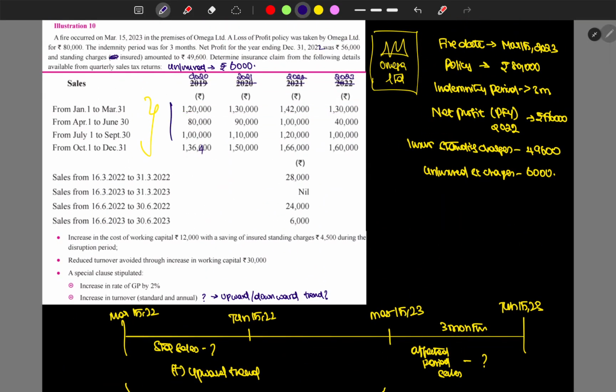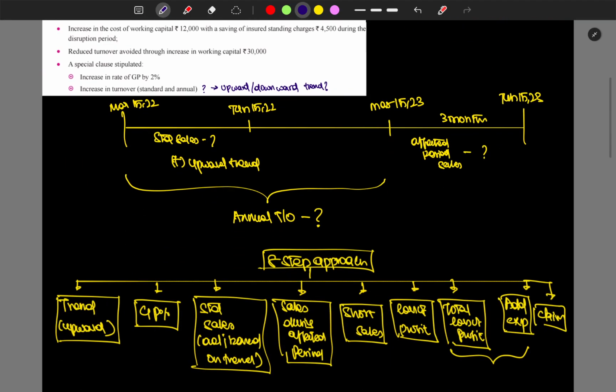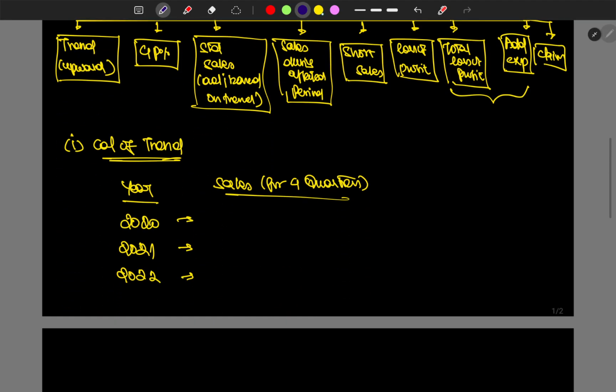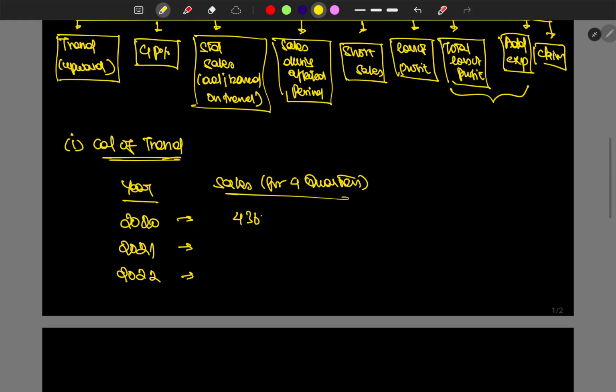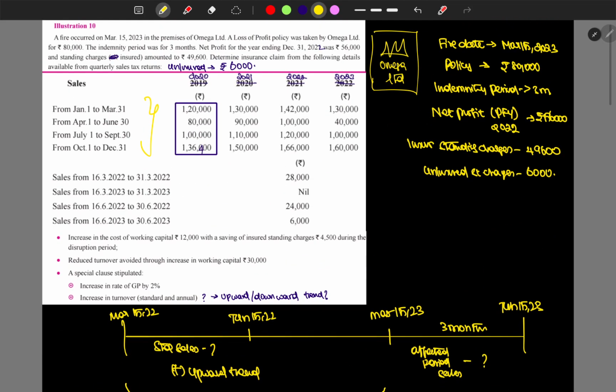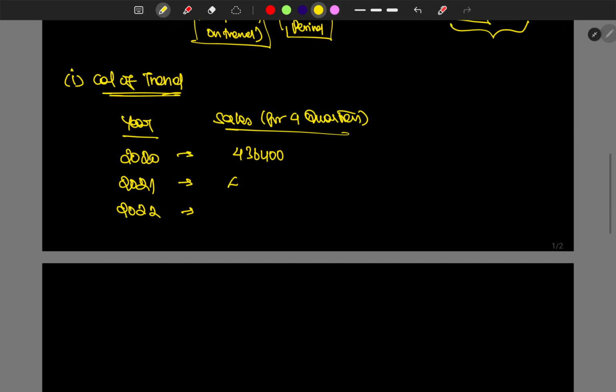So this is the year wise. 1,20,000, 80,000, 1 lakh plus 1,36,400, which is 4,36,400. For next year, 1,30,000, 90,000, 1,10,000 plus 1,50,000, which is 4,80,000.